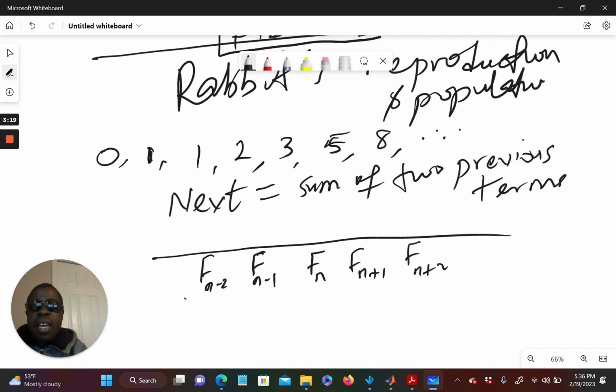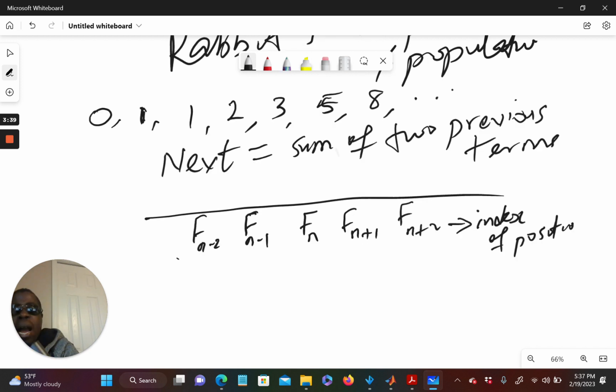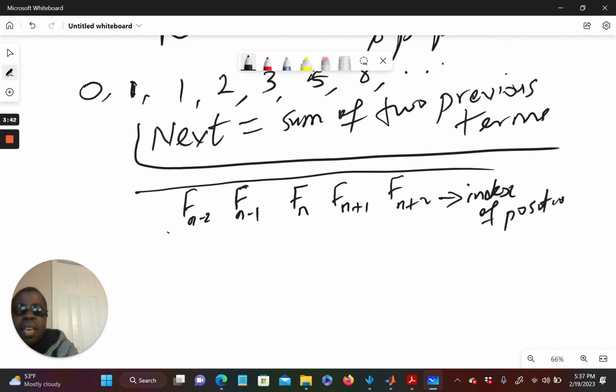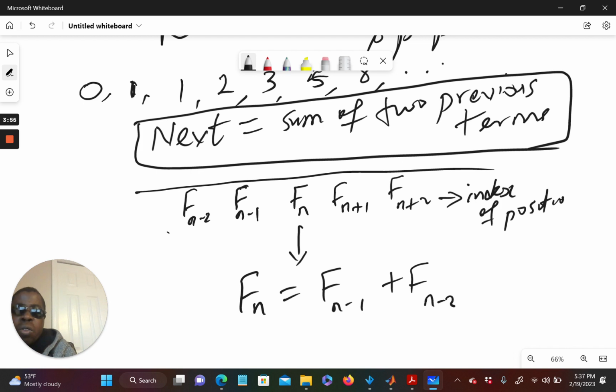Now, those n's here are just the positional index. And we don't want to have a negative index, though you could have a negative index to the left side. So by this formula right here, you can say that your Fn is going to be the sum of the two previous ones, Fn minus 1 plus Fn minus 2.